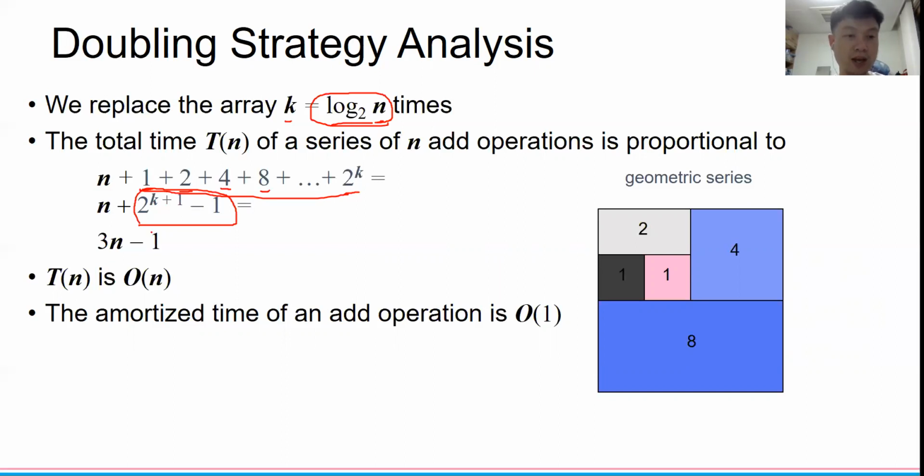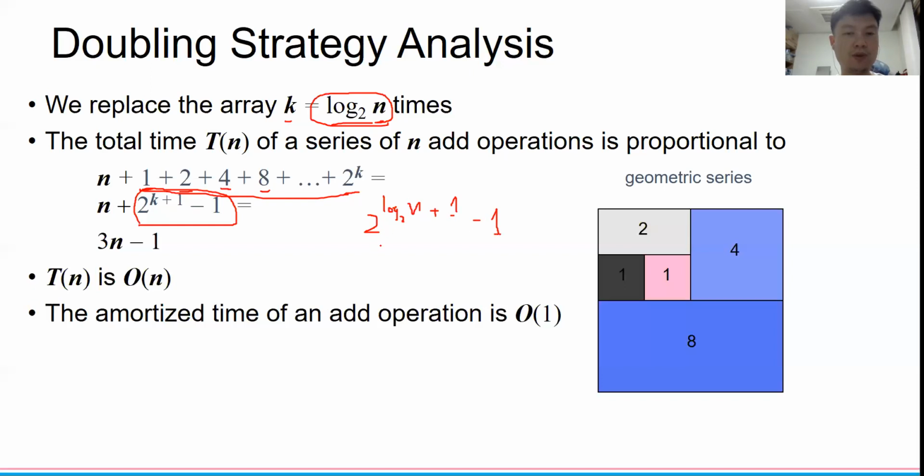Then with the definition of k equals log 2 n, I can just replace it. This is the base 2, and then I have 2 to the power of log 2 n plus 1, and we have minus 1.